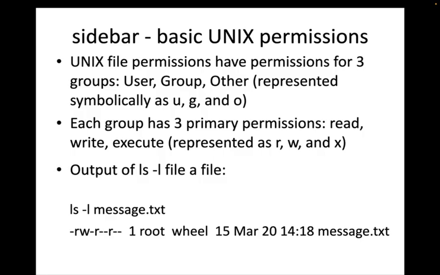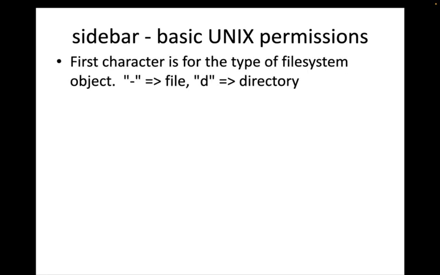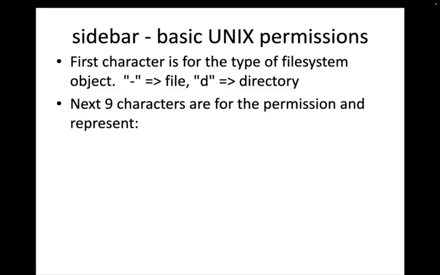So what that means or represents is the first character is the type of file system object it is. And the most common are shown here. If there's a dash there, it is a file. If it is a D there, then it is a directory. And then the remaining 9 characters are for the permissions. And what they represent is the following.